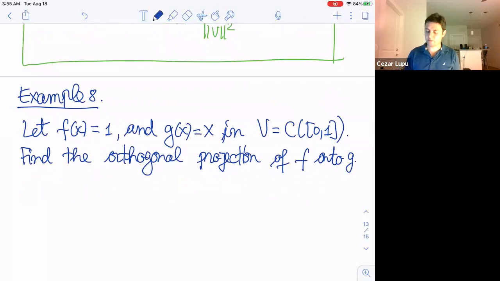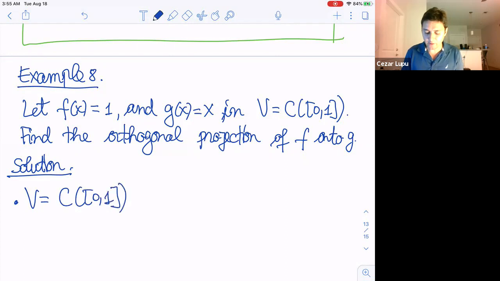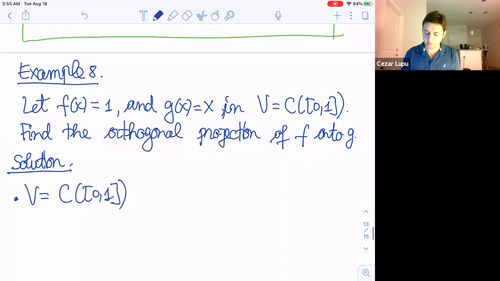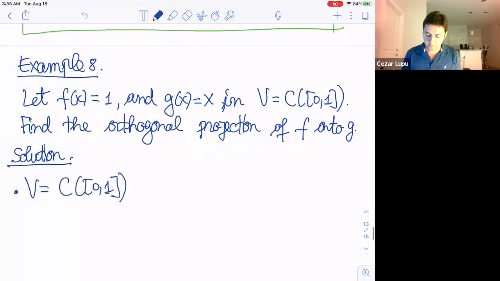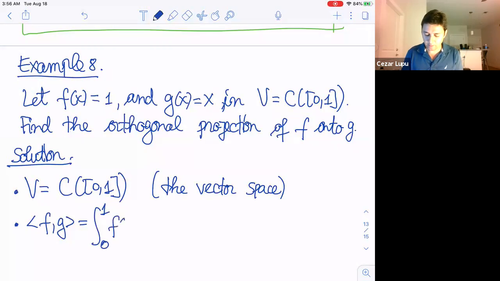Okay, let's set things straight here. Keep in mind that the vector space V is the space of real valued continuous functions defined on the interval [0, 1], and the inner product between f and g is given by the one from example number 5.